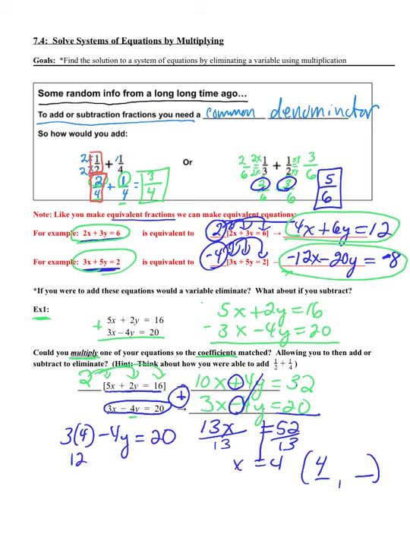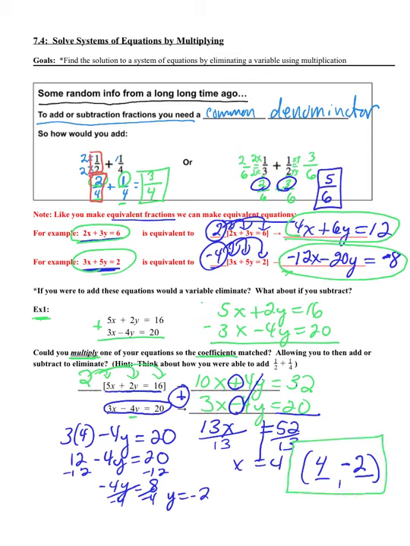So if I evaluate, this is 12 minus 4y equals 20. Subtract 12 from each side. I get negative 4y is equal to 8. Divide this by negative 4 and get y is equal to negative 2. And I'm going to put that over here with my ordered pair. So 4, negative 2 is my answer.